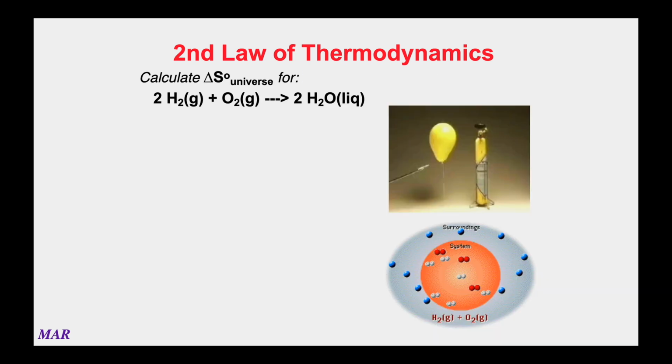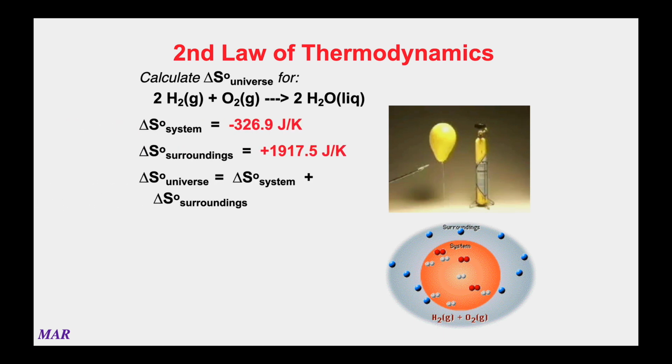So we've got all the pieces now that we need to calculate the delta S of the universe for this reaction. And again, on that last slide, delta S of the system, negative 326.9 joules per Kelvin. Delta S of the surroundings, positive 1917.5 joules per Kelvin. Make sure that you translate, by the way, delta H, which is usually in kilojoules, to joules per Kelvin if you're doing this process.